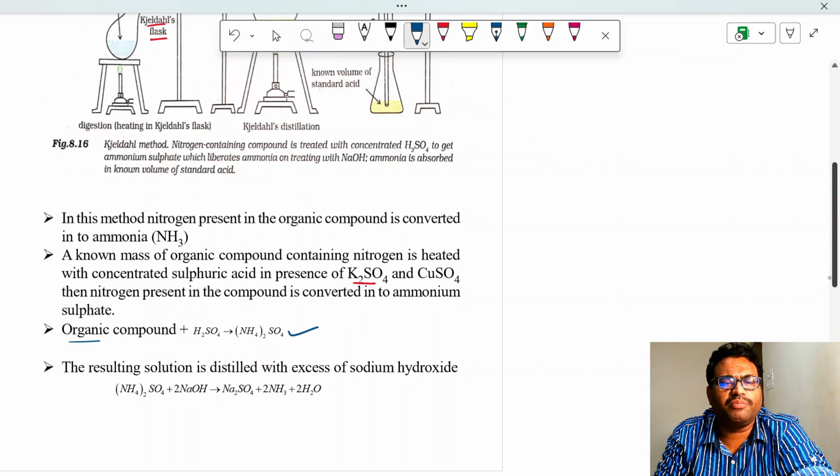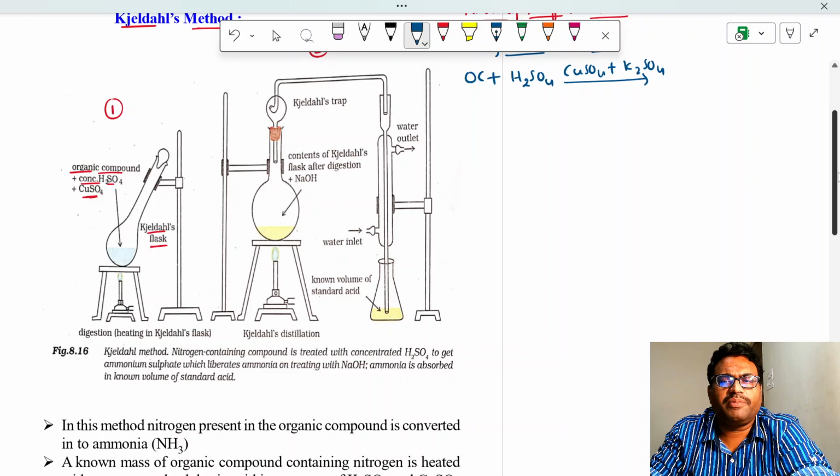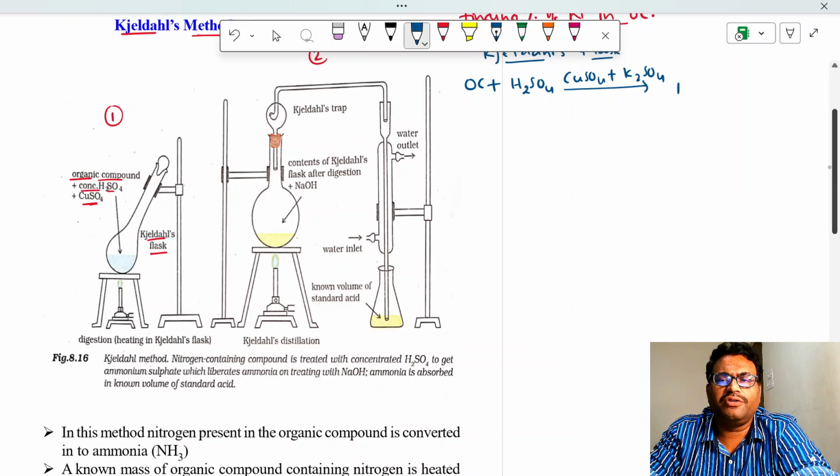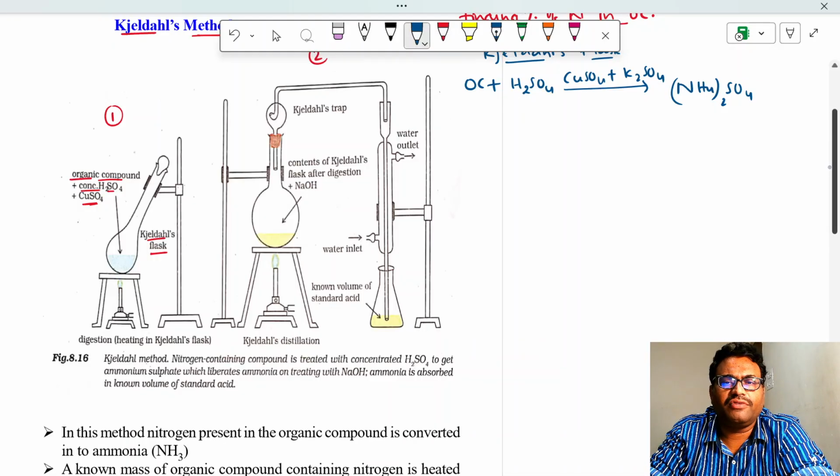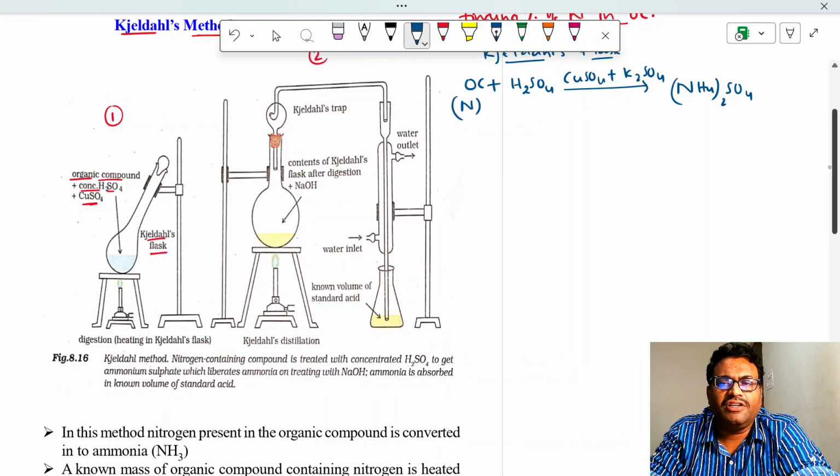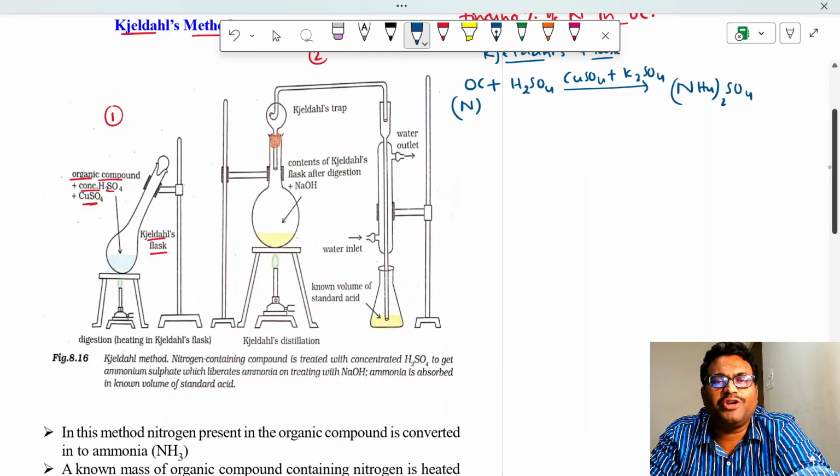When this organic compound is boiled with H2SO4, it is converted into ammonium sulfate. Where did this nitrogen come from? Nitrogen came from the organic compound. If the organic compound contains nitrogen, then it will be converted into ammonium sulfate.